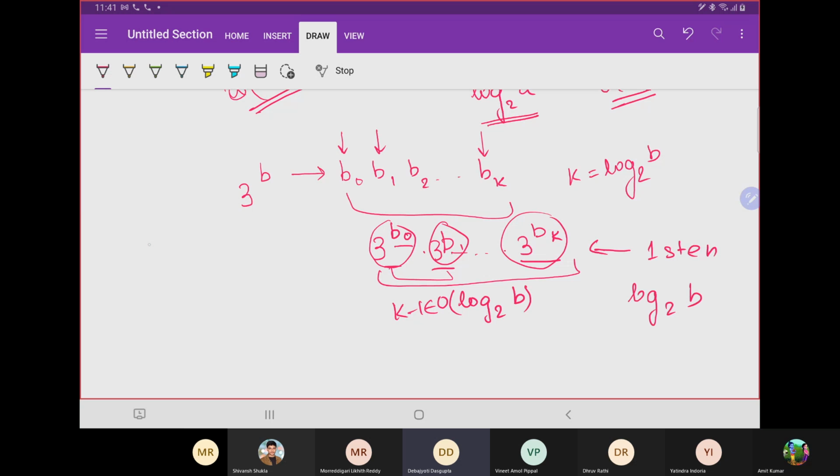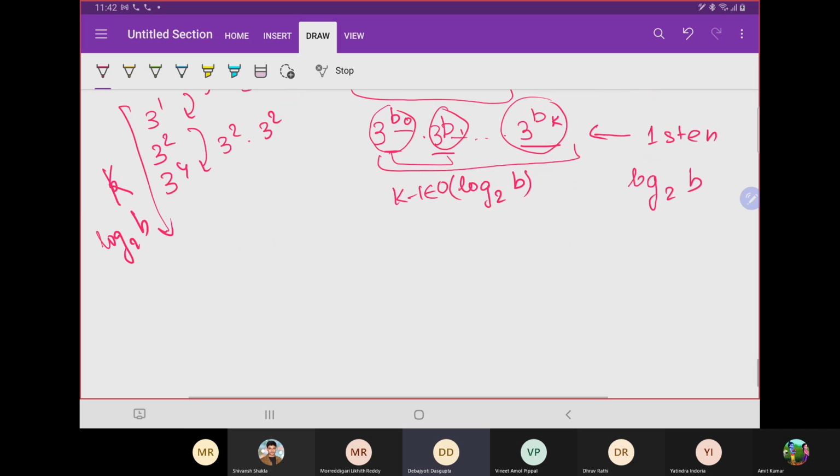I had shown that once you have 3 power 1, then you can calculate 3 power 2. Then you can calculate 3 power 4 from this in just a single step: this is 3 power 2 into 3 power 2, and this is 3 into 3. So these take one step each, and you do this k times, where k is log to the base 2 of b. So what will be your final complexity?